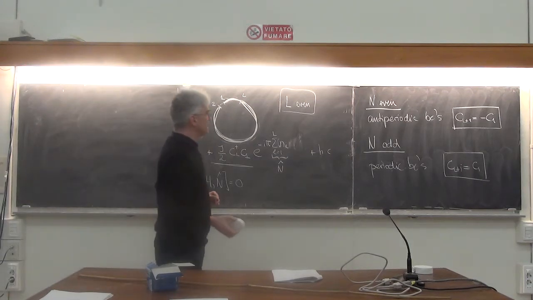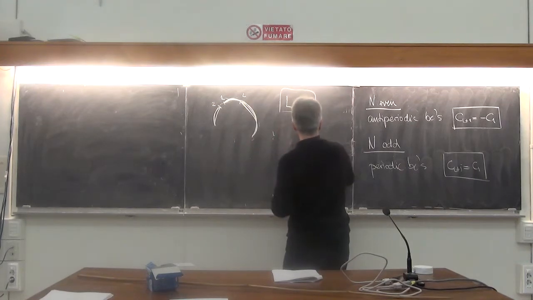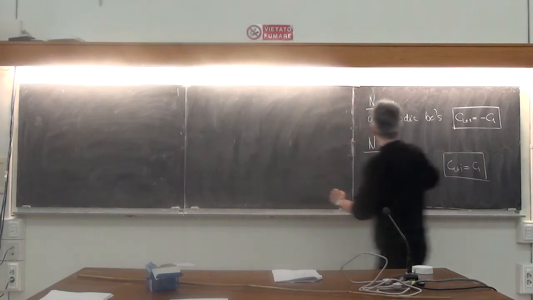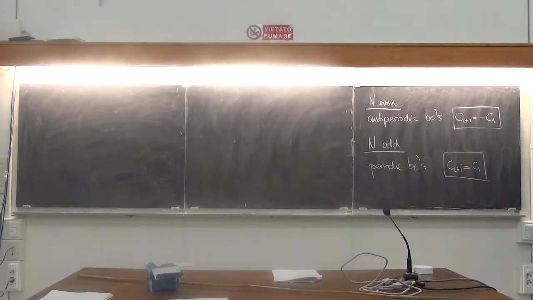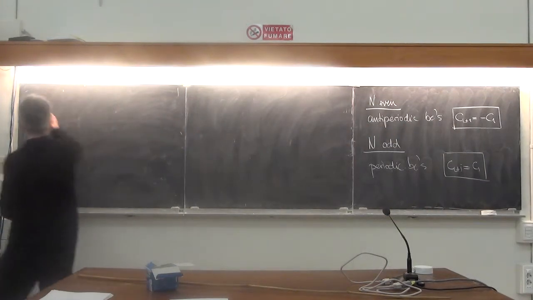Now where are we? Okay, so now I can write for you what the Hamiltonian actually looks like, and I think this is where the question came from. If I define the fermion operator in this way, the Hamiltonian takes a nice form. So I can write it like so.